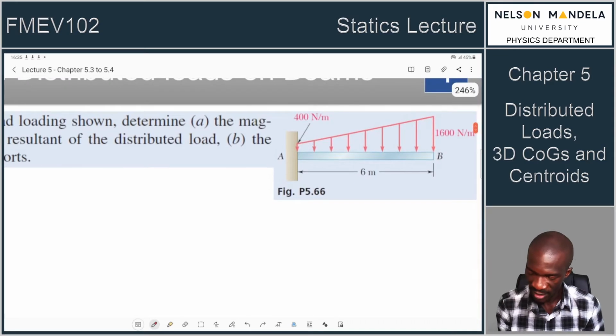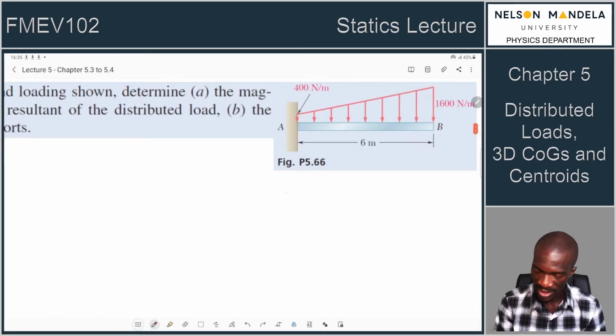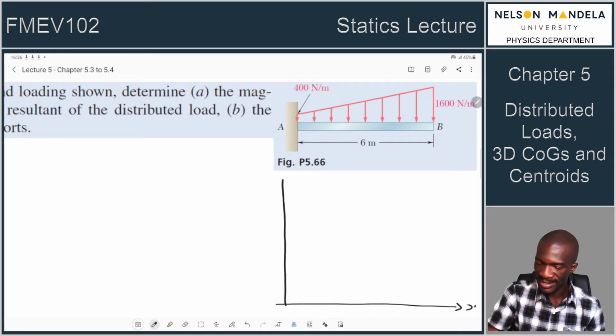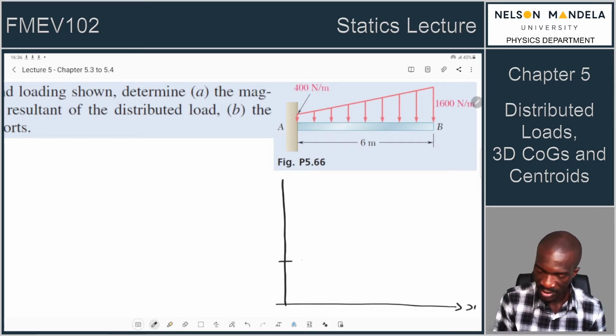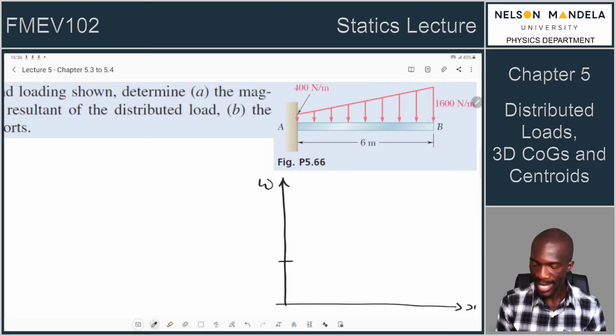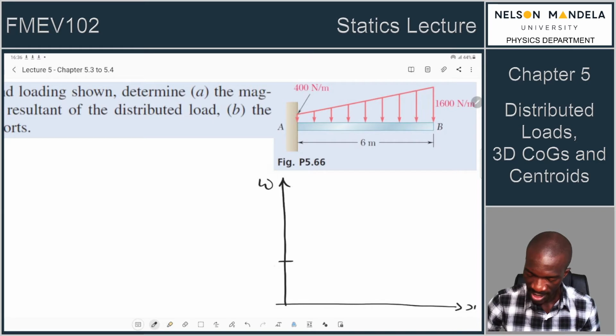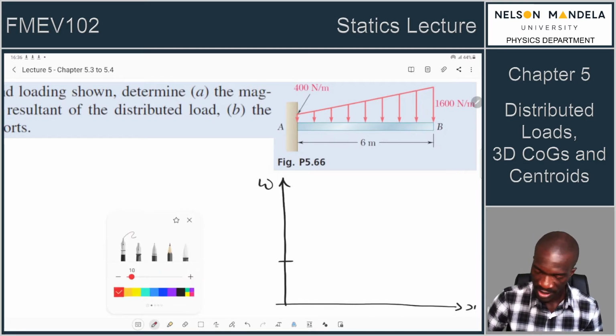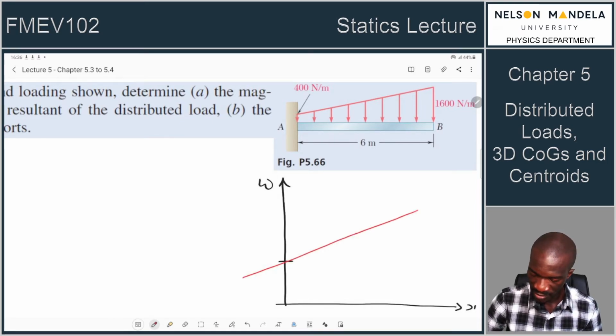So if we have our distributed load as such, we can maybe exaggerate this diagram so that we can annotate in a clearer way. This is our x-axis, this is our distributed load, this is our small w axis, and we have the distributed load arranged in such a way that it increases from some starting point to some end point.